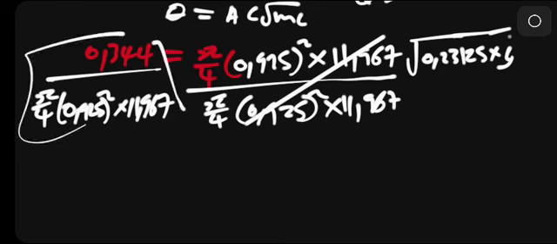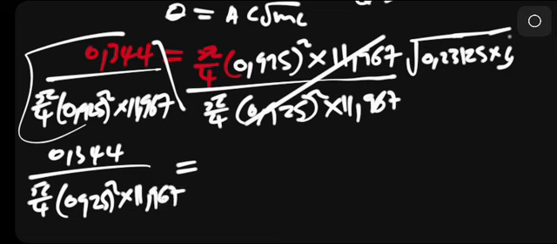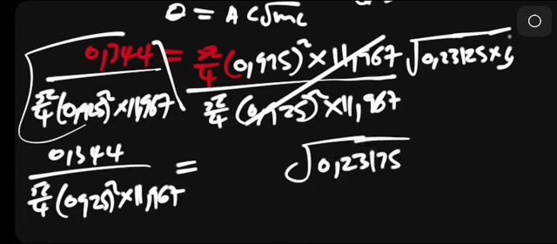Those cancel. We'll be left with this on this side. Then here we'll have the square root of 0.23125 multiplied by I.